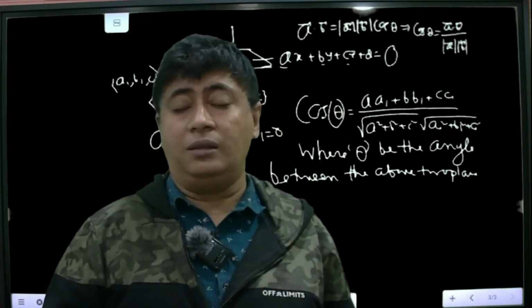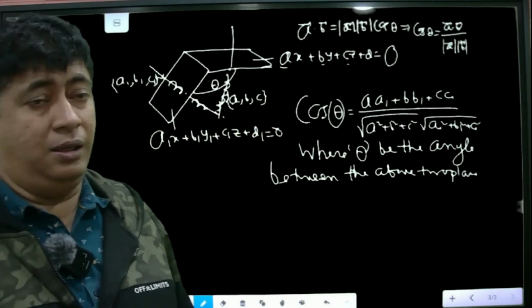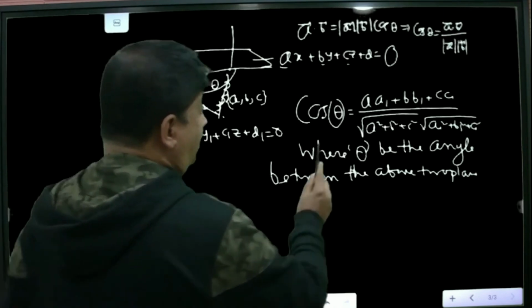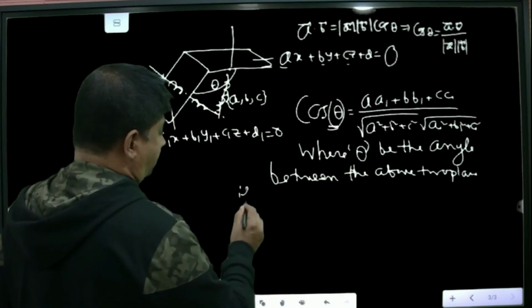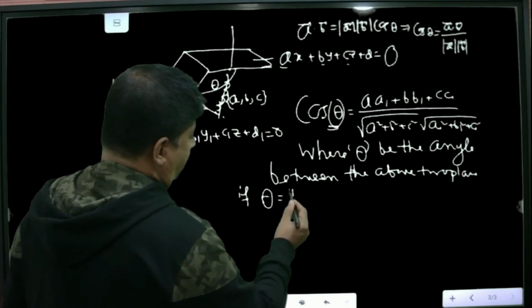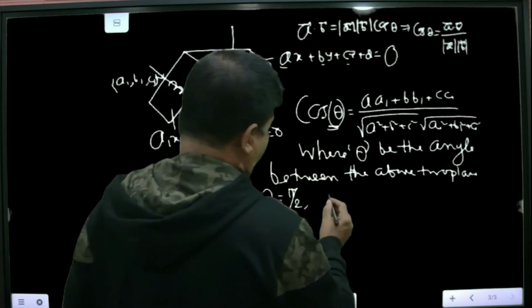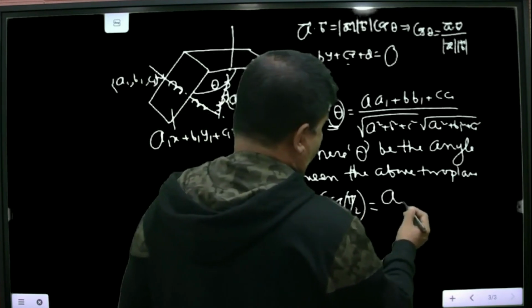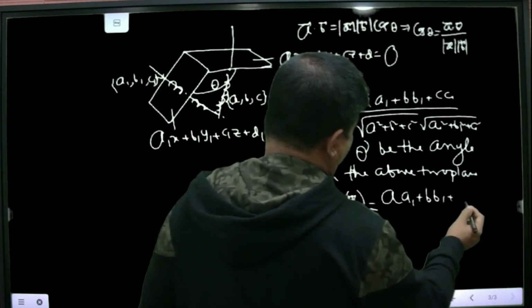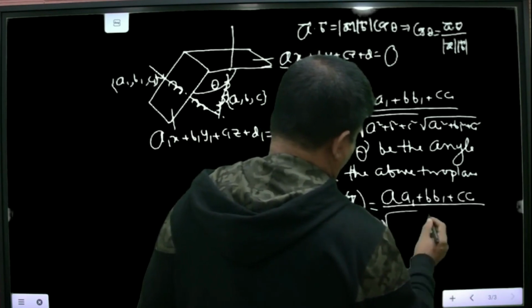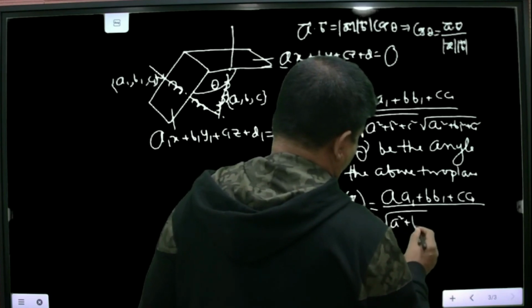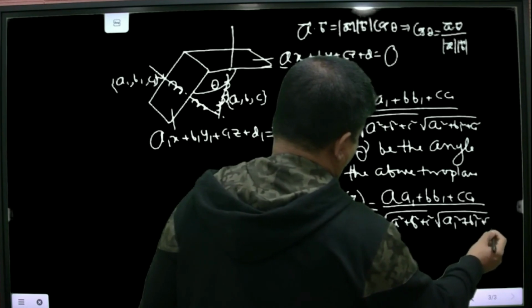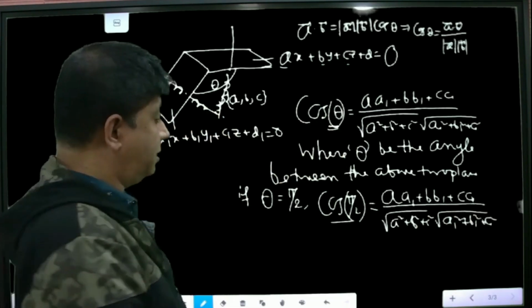One condition will depict the perpendicularity, and one condition will raise the concept of parallelism. When perpendicular, theta is 90 degrees, so cos 90. What is cos 90? Cos 90 is 0. Cross multiplying, we get a a1 plus b b1 plus c c1 is equal to 0.